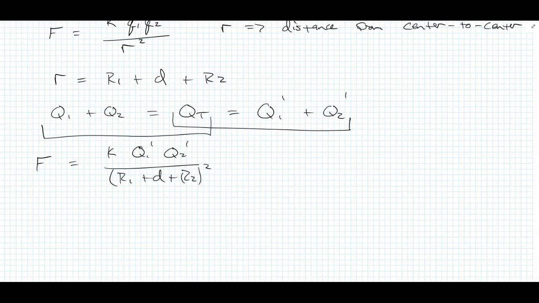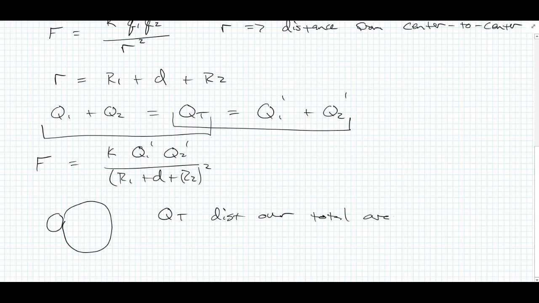And the way that we do that is we consider what the properties of a conductor are. When we've got the two spheres in contact, we basically have a total charge Q distributed over a total area, let's just call it A total. So I've got some charge on here.